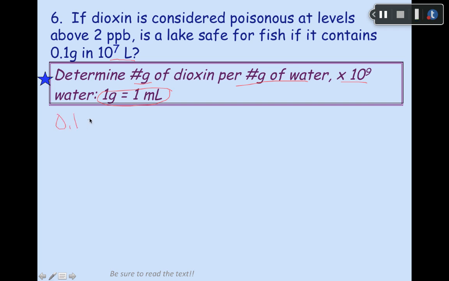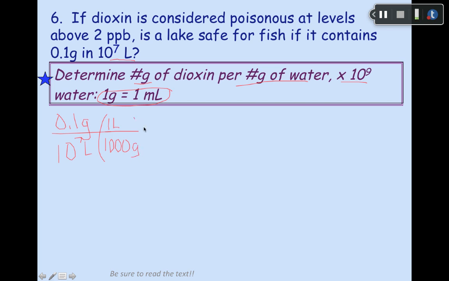Okay, so 0.1 grams of toxin, don't have to write it in, and 10 to the 7th liters. Oh boy, we have to get from liters to grams of water. Oh boy. Well, let's do it. Liters, 1 liter is 1,000 milliliters. Yes, it is. So we can say 1,000 grams.